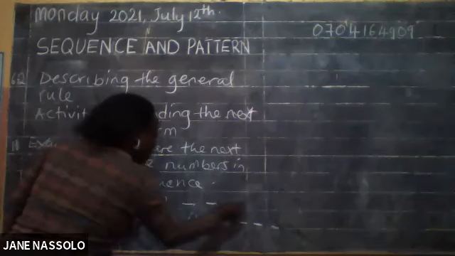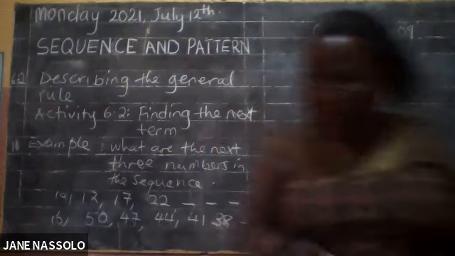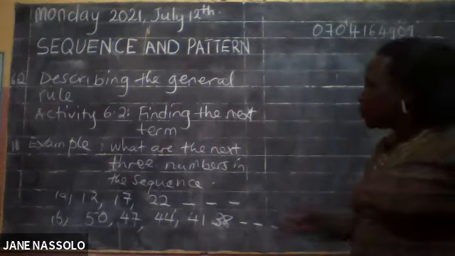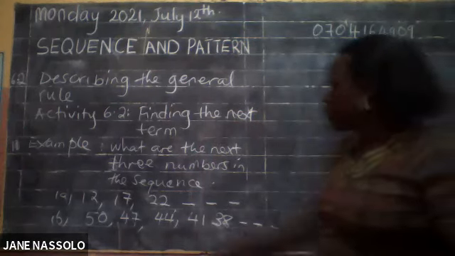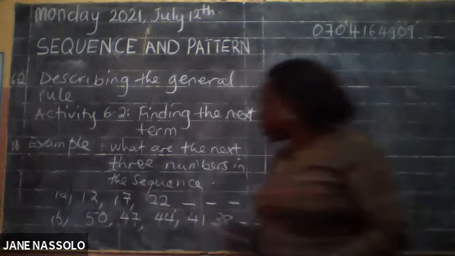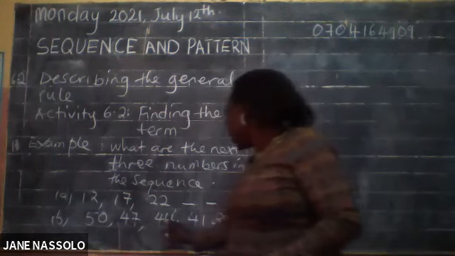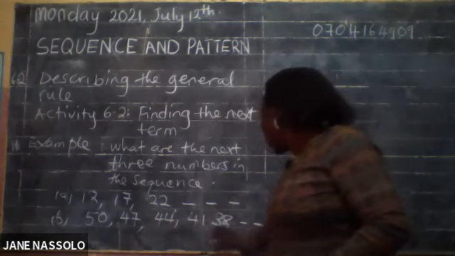So we want to find the next 3 numbers in the sequence. For instance, we have part A, 12, 17, 22. Part B, we have 50, 47, 44, 41, 38.